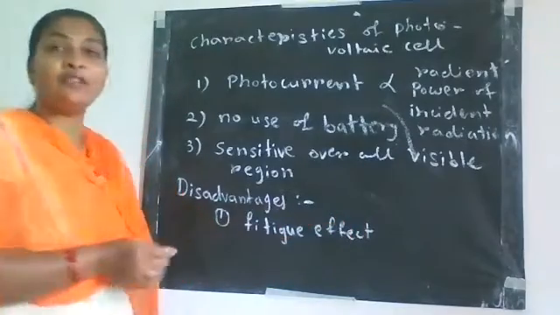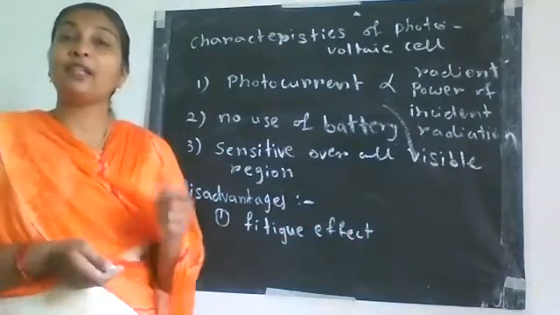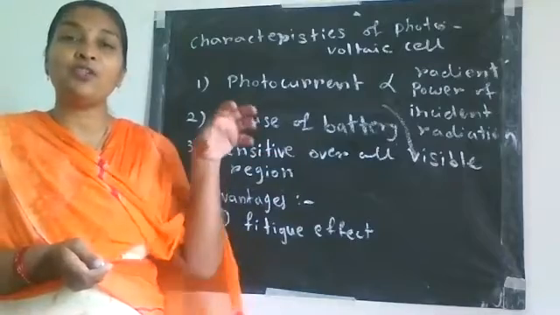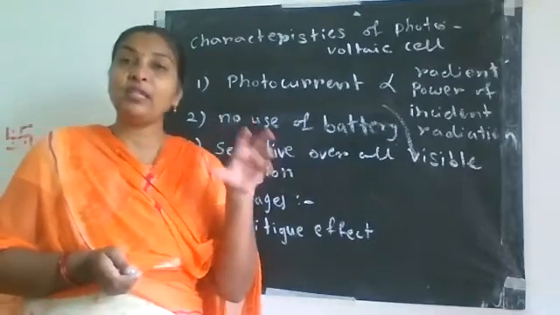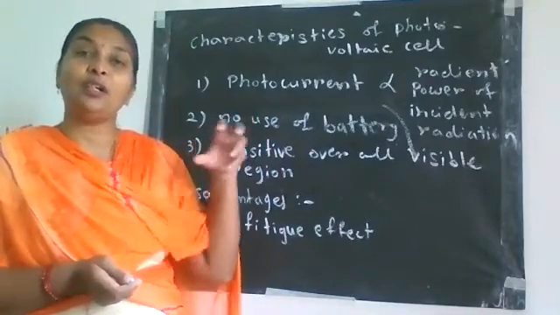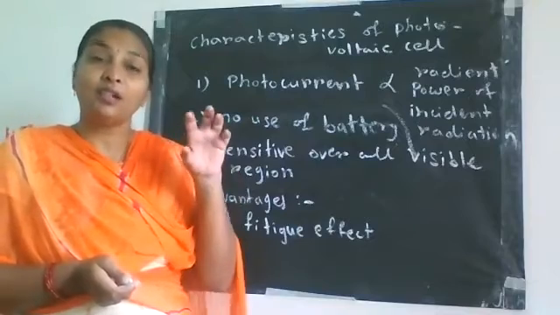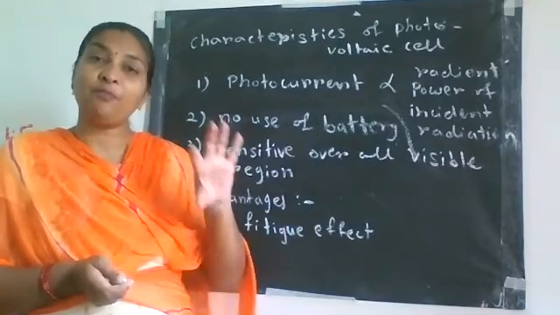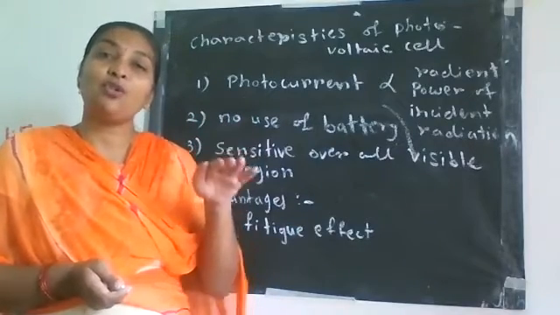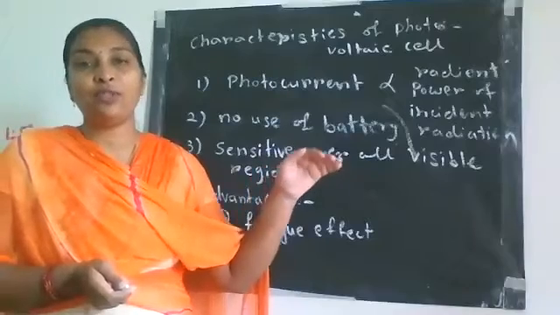So what is meant by this fatigue effect? Fatigue effect means if you are continuously exposing that detector to the radiations, then the amount of photocurrent produced by that detector goes on decreasing slowly.